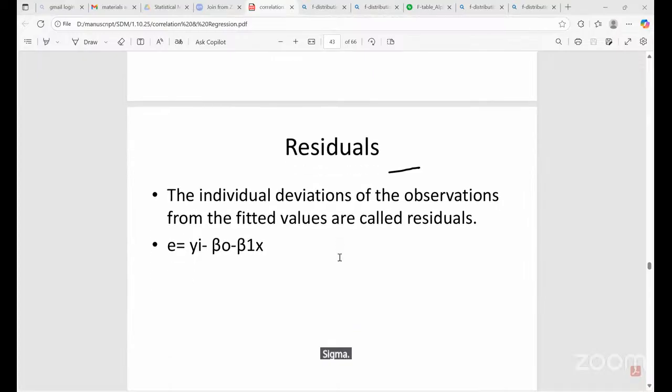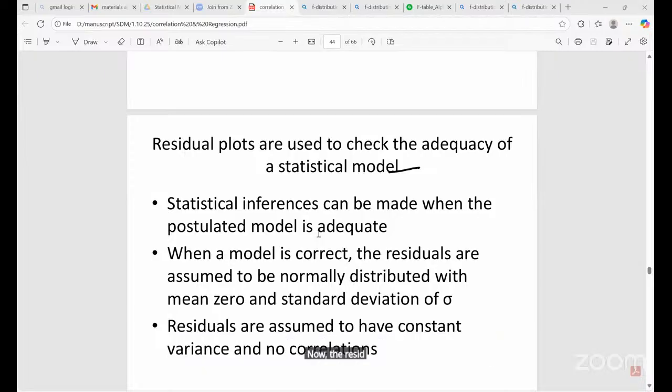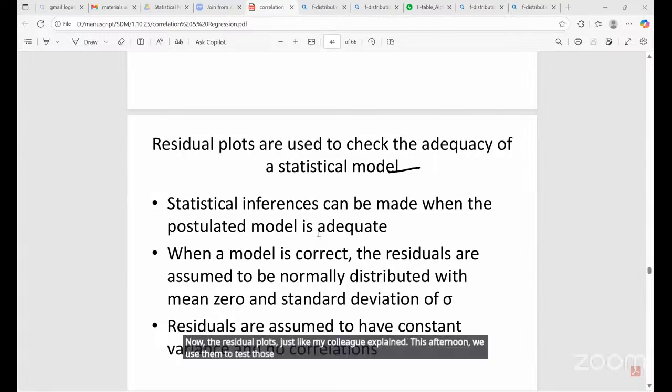So how do we test those assumptions? We use the residuals. We know that residuals are obtained by subtracting the fitted values from the observed data. Now, the residual plots, just like my colleague explained this afternoon, we use them to test those assumptions under simple linear regression.